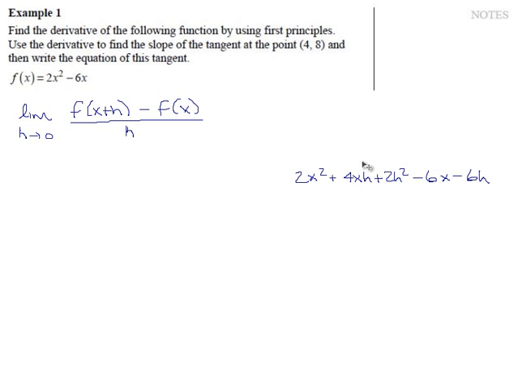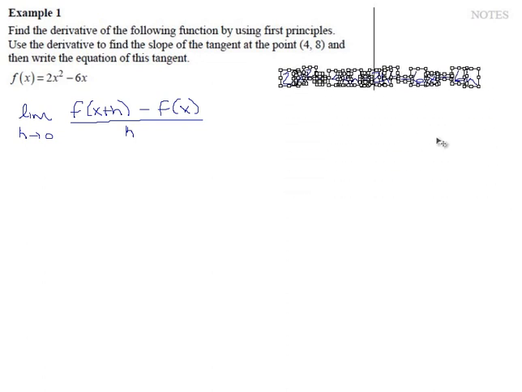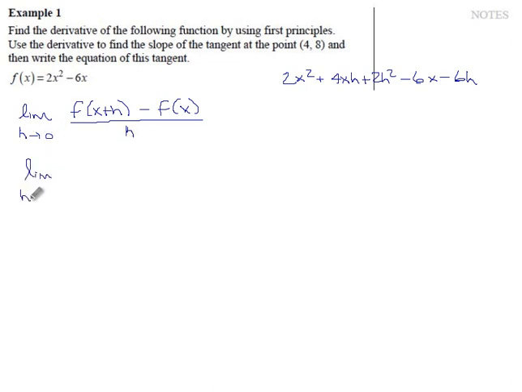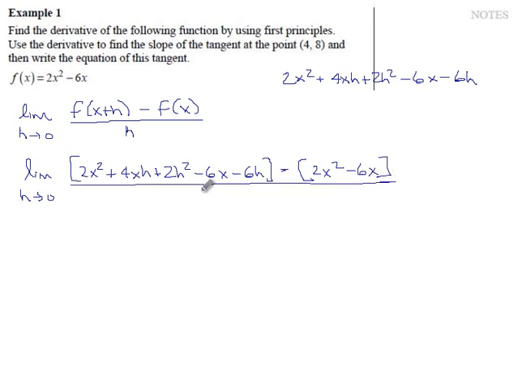Let me declutter the page a little bit. Okay, so our derivative formula is limit as h goes to 0, f of x plus h, so all this stuff, 2x squared plus 4xh plus 2h squared minus 6x minus 6h, minus f of x, which is 2x squared minus 6x, we are told, all over h.